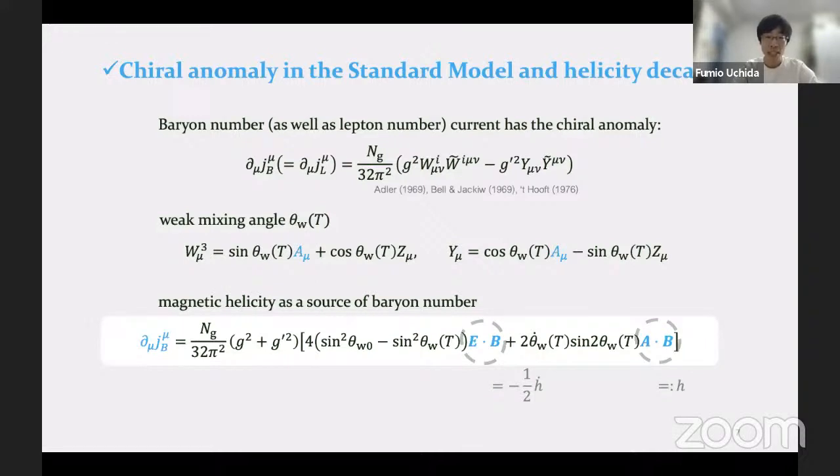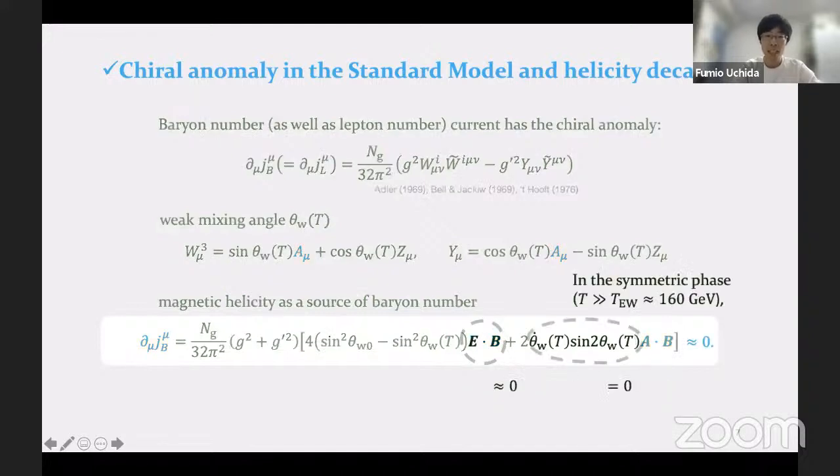Let us substitute these expressions into the anomaly equation and set the massive degrees of freedom to be 0, then we get this equation. Here, A·B is called the magnetic helicity density, and its time derivative is E·B.